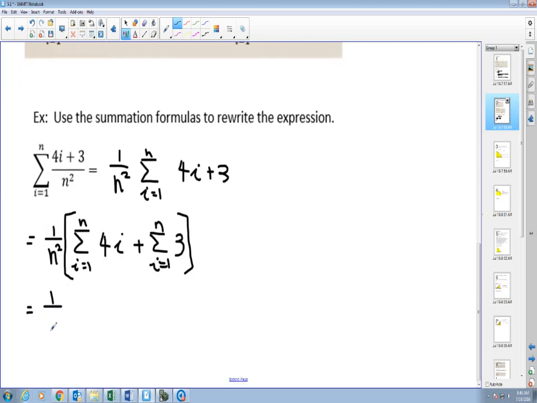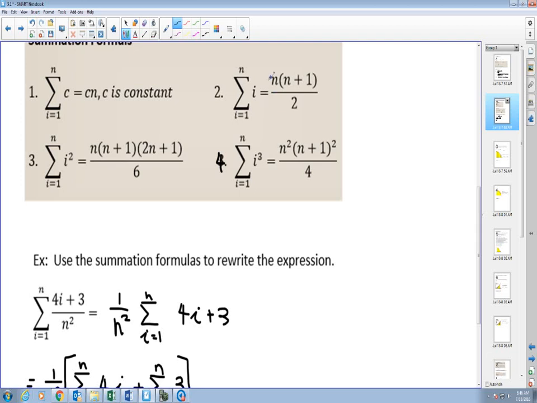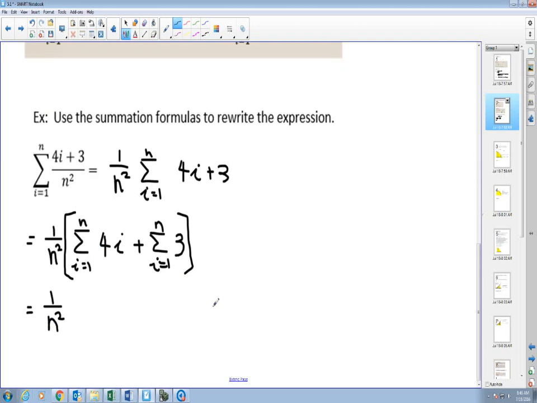So this is going to be 1 over n squared. I'm going to turn this sum of i into n times n plus 1 over 2. That gives me 4 times n times n plus 1 over 2, plus, since 3 here is a constant, just n times 3, which is 3n. Then I will simplify this.